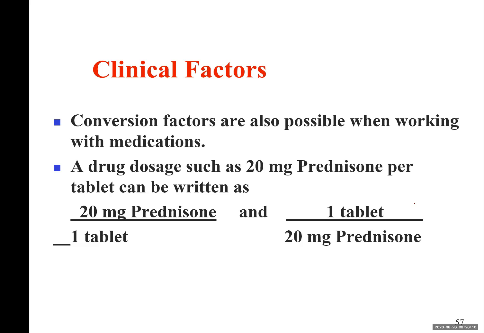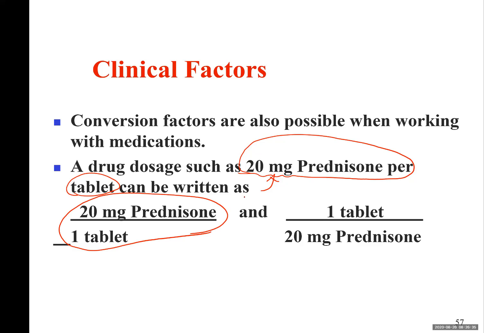For example, here we are talking about prednisone, and the problem says suppose every tablet contains 20 milligrams of prednisone. So I can write a unit conversion factor from this information. It's an equality. One tablet, every tablet contains 20 milligrams, they're equal together. So this is 1 unit conversion factor.